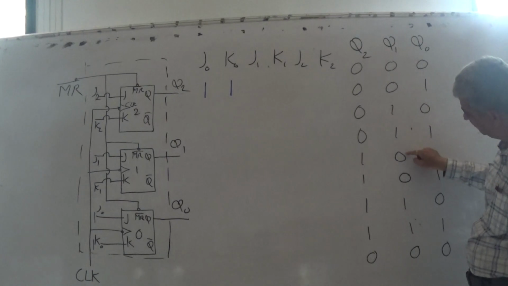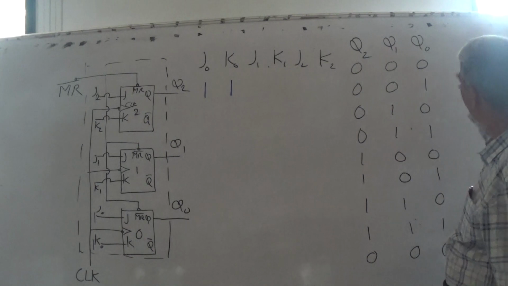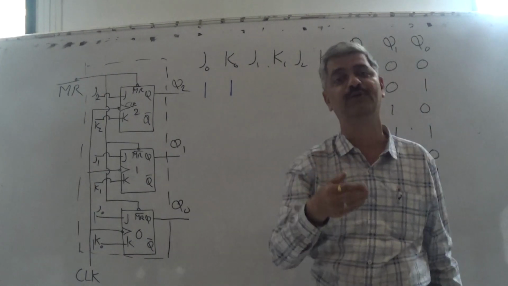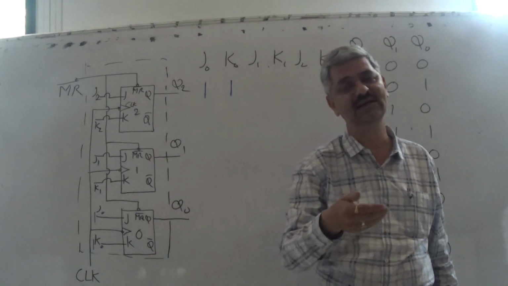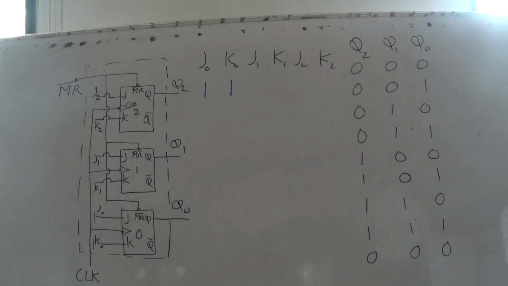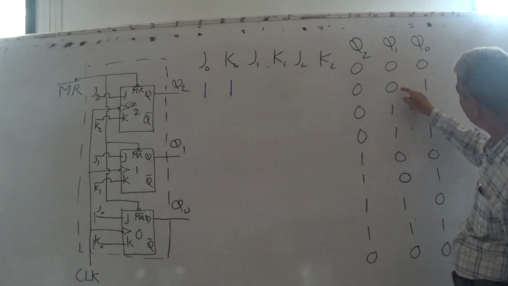And whether it will continue or toggle depends upon the current state of Q0. I hope you understand this now. Next state of Q1 depends on current state.